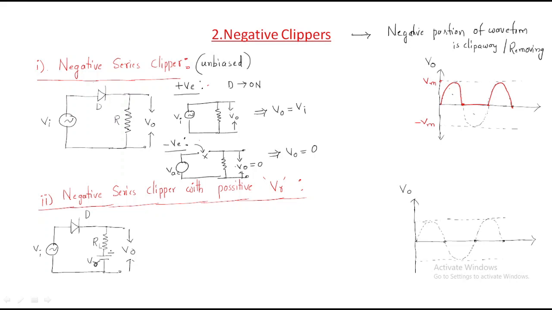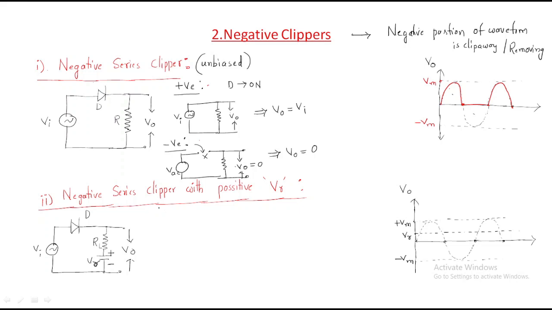Its starting position is positive and its ending position is negative. It is better to draw VR first to understand the operation. First draw VR, and plus Vm, negative Vm. Clear? Clear.